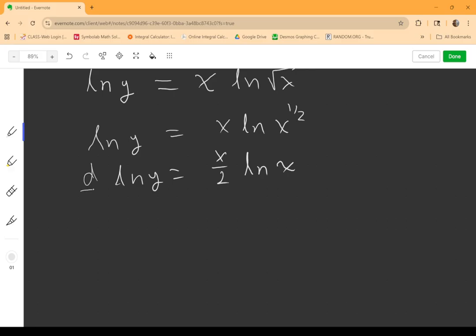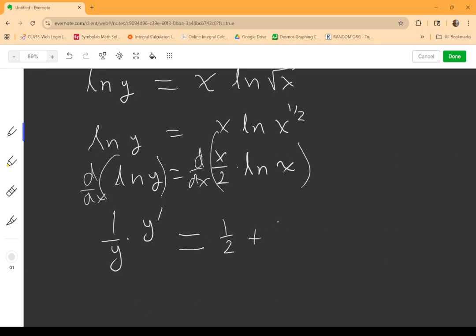Right, so now let me take the derivative with respect to x here. On the left side of the equal sign, we'll get 1 over y times y prime, right? Chain rule here, our implicit differentiation. Here we're going to use the product rule, because I have two functions of x. So the first one, x over 2, the derivative of that is just 1/2, plus, leave x over 2 alone, and then the derivative of the natural log of x is 1 over x.